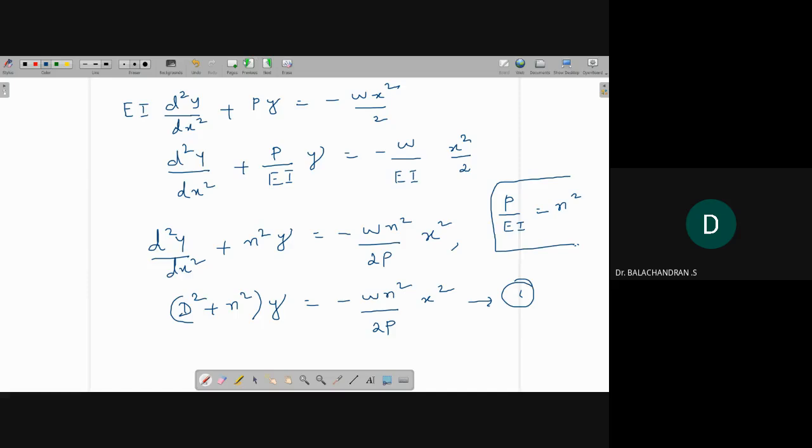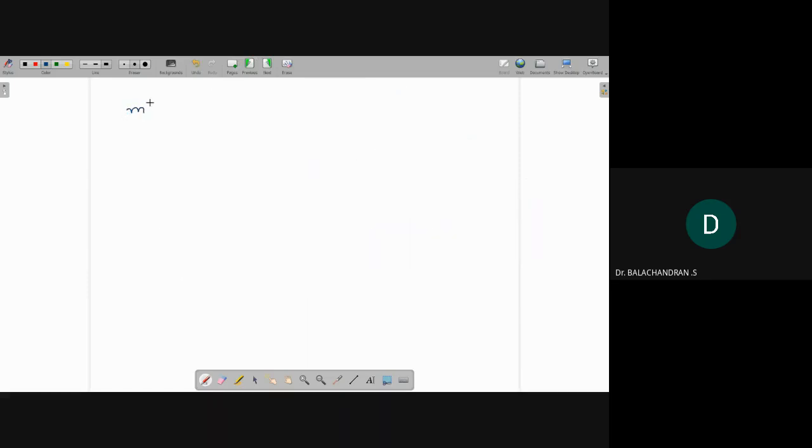So auxiliary equation is m square plus n square equal to 0. So this implies m equal to plus or minus in. So complementary function equal to c1 into cos nx plus c2 into sin nx. So I got the CF.